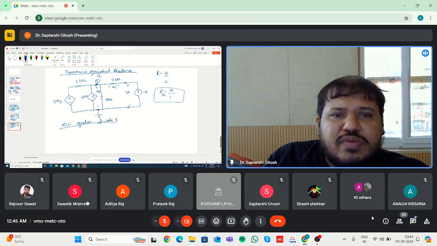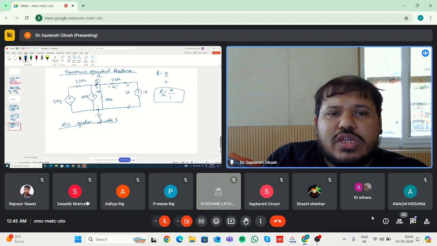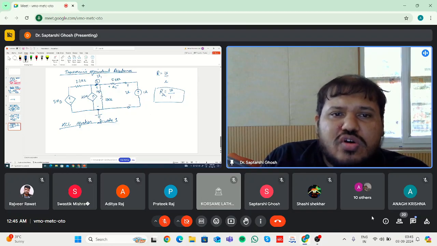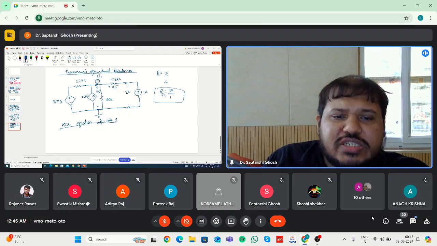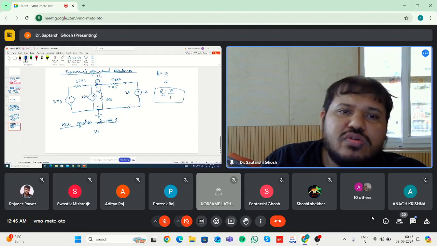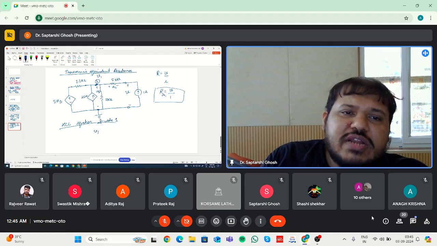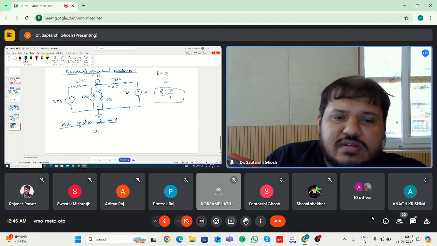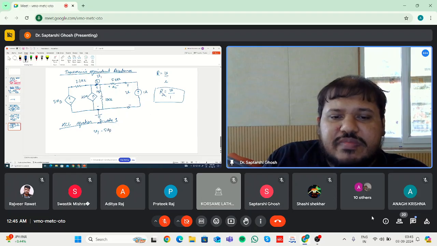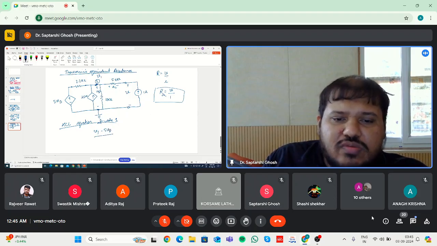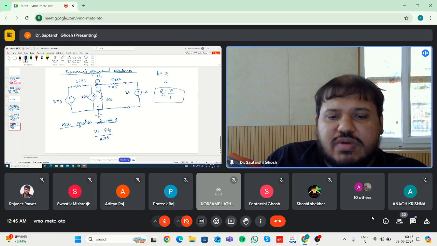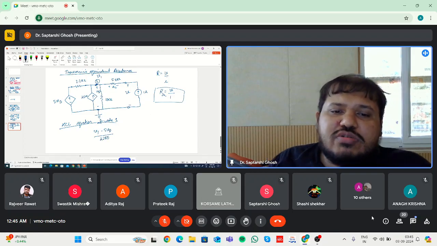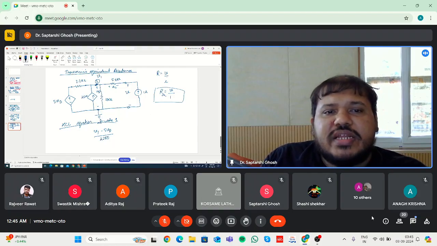V1 minus 5 VD, that you are applying across this 2.2 kilo ohm resistance. On this side of the resistance you are applying V1, which you don't know. On this side of the resistance, you are applying 5 VD. So minus 5 VD, divided by the resistance value. This will be the current flowing through this 2.2 kilo ohm resistance.